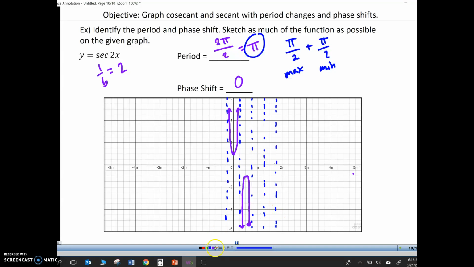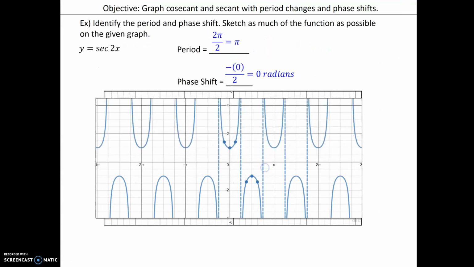Okay, and you start to get a whole bunch of U's and upside down U's. Okay, so if we repeated this process, we would get a graph as such.